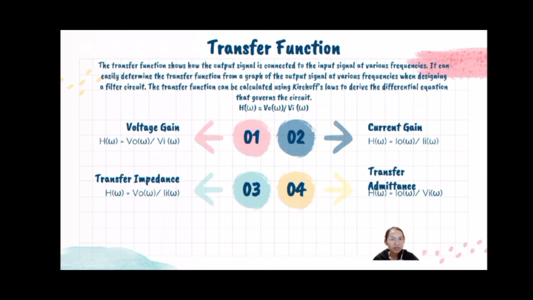Transfer impedance is the ratio of the output voltage in one mesh of a network to the input current in another mesh. Transfer admittance is the ratio of the output current at one node in the network to the input voltage at another node.